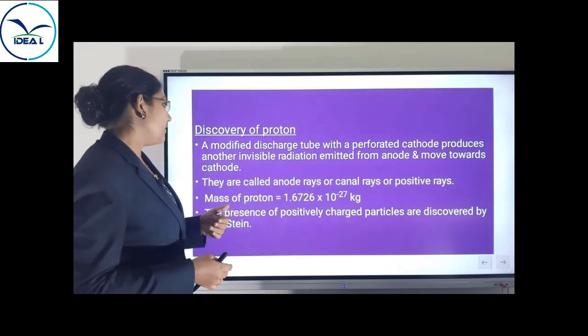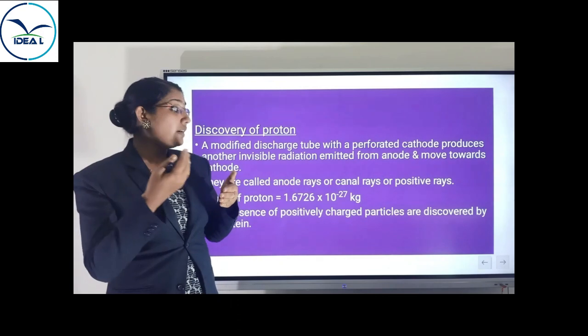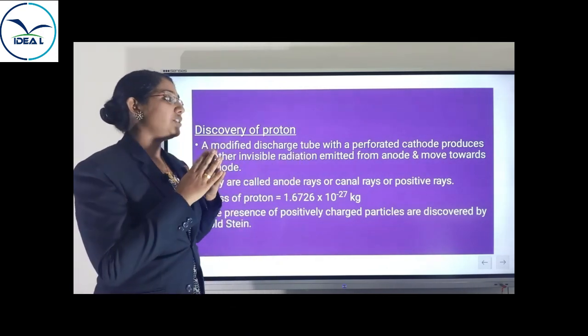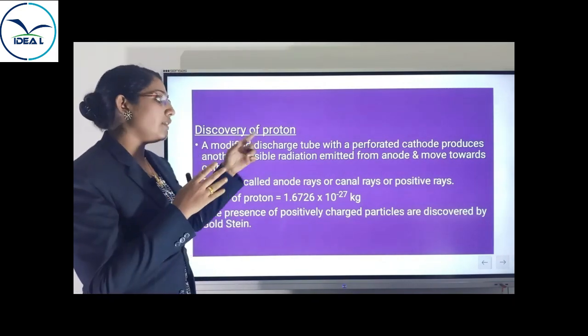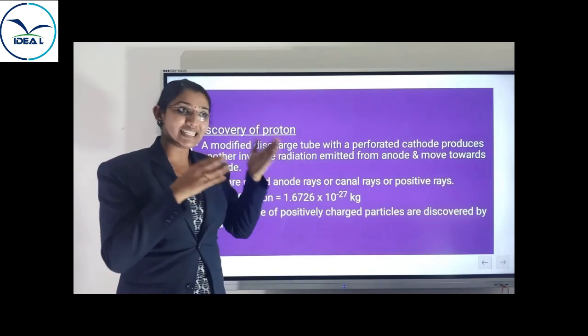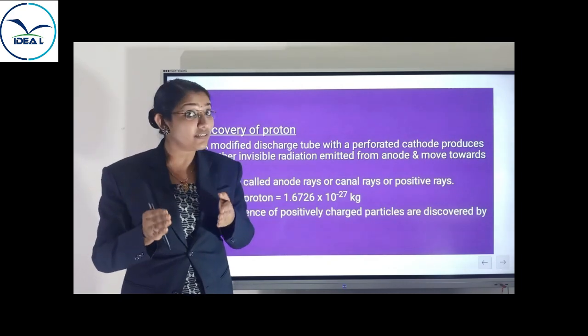Which means a radiation emitted from anode and moving towards cathode consists of positive charge. Anode is positively charged electrode. Positive to negative means it is attracted to the negative, which means that the emitted radiation is positively charged.